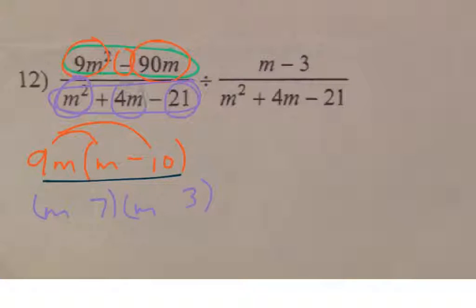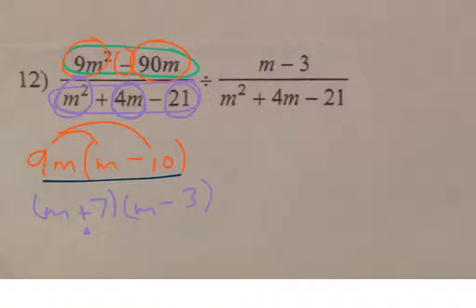Now I need a 4. So I'm going to do positive 7 minus 3, because 7 minus 3 is 4. And also notice the positive here times the negative there will give me my negative 21 constant there. Okay, so hopefully you're following along with that so far.